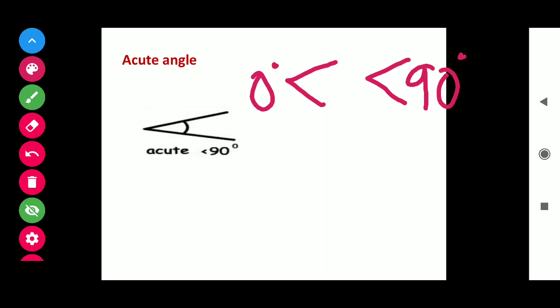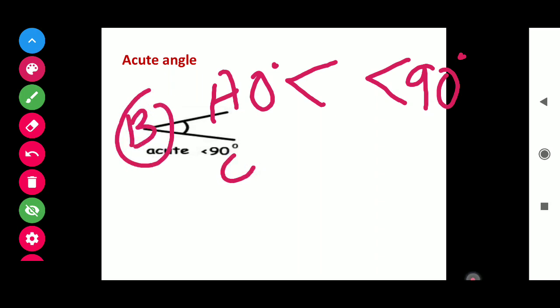It is an acute angle. Suppose this angle is ABC, then B will be the angle. So the measurement of angle B will be between 0 and 90 degrees.